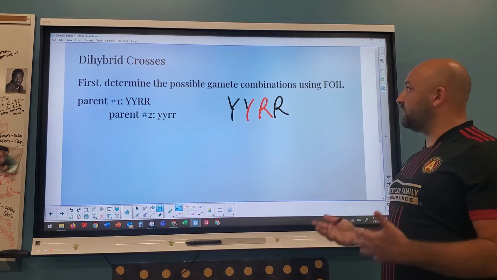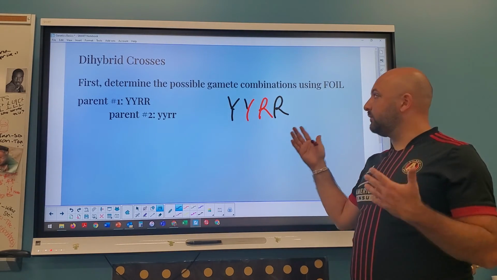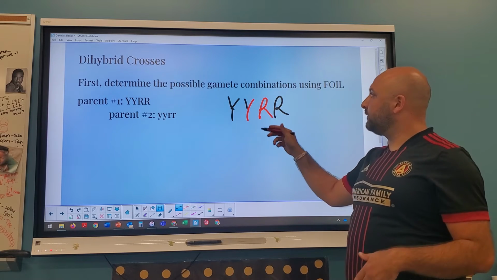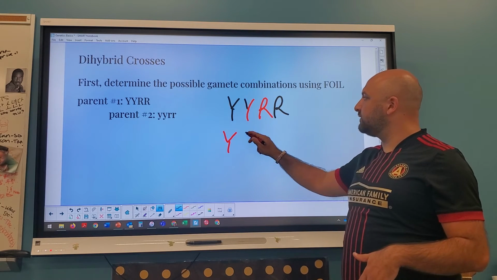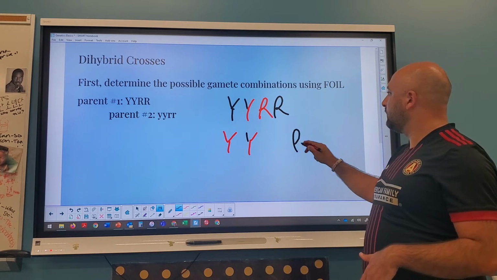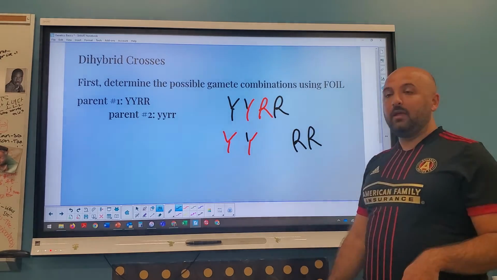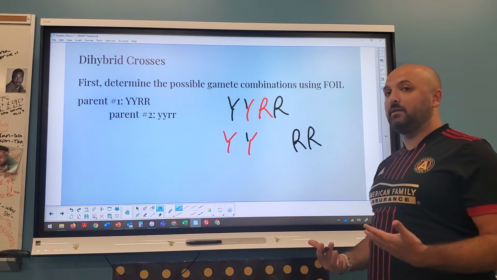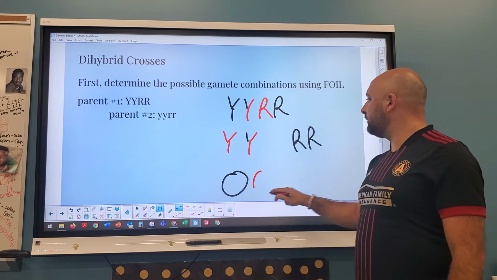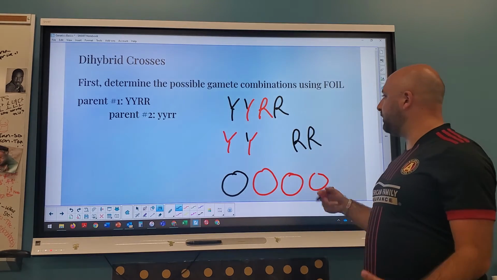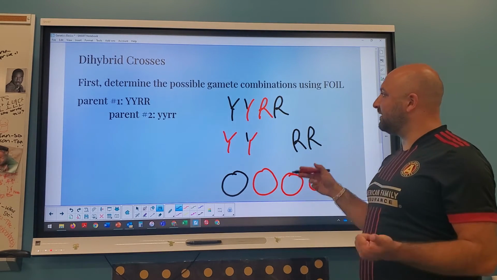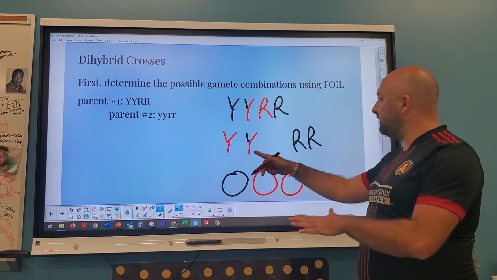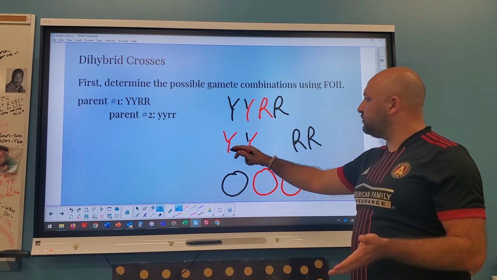When we talk about segregation, we talk about separating these things into their own unique categories. So we separate the Y's and the R's. Then there comes this idea of independent assortment. In other words, of these 4 potential offspring, these things can independently assort. The individual letters can go in individual places.